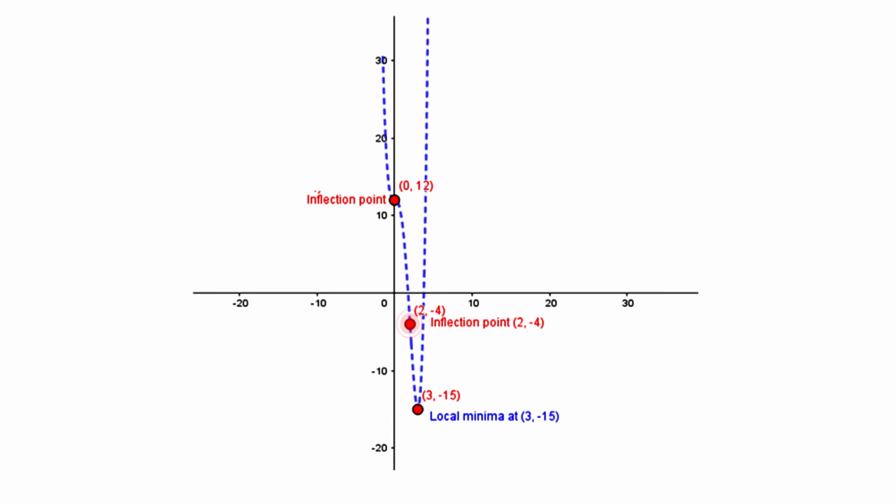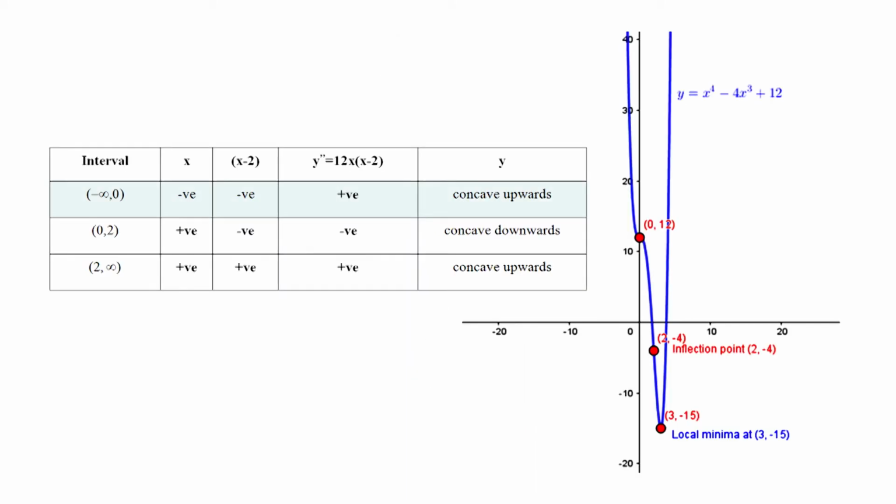We now look at the concavity properties of the curve in the intervals minus infinity to 0, 0 to 2 and 2 to infinity. In the interval minus infinity to 0, x is negative, x minus 2 is negative, and hence y double dash is equal to 12 x into x minus 2 is positive, hence y is concave upwards.